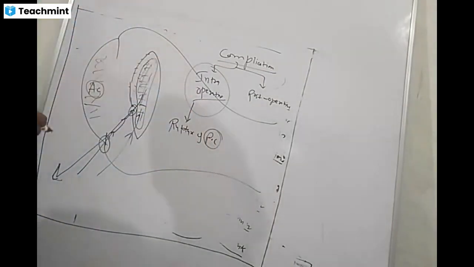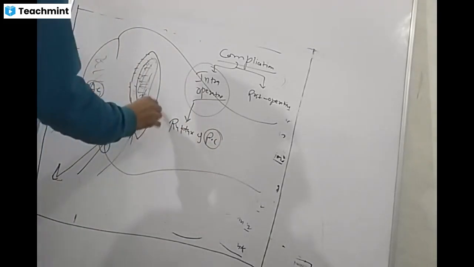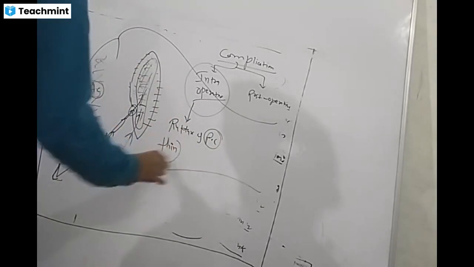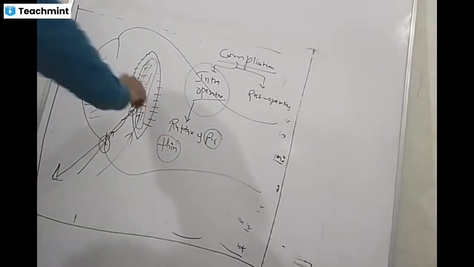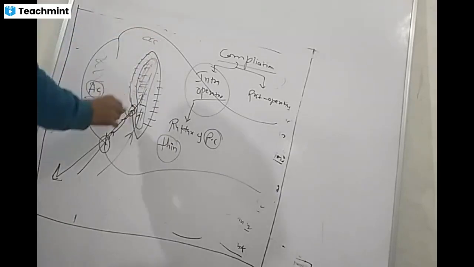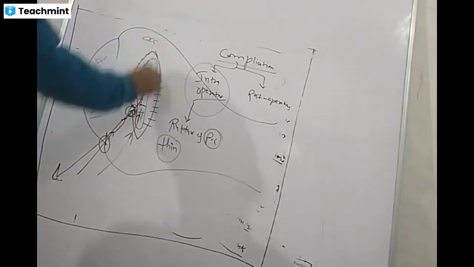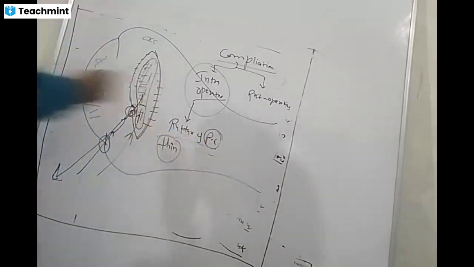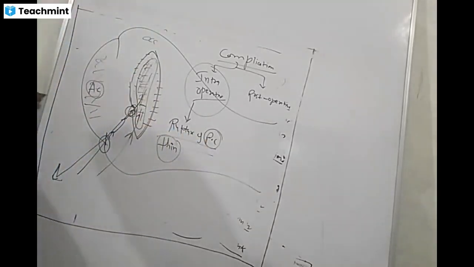In the beginning of the lecture, I told you this part of the capsule is very, very thin. So there are chances that while doing the triple C, or making capsular access, you may tear this part. So rupture of the posterior capsule is most common because it is thin.